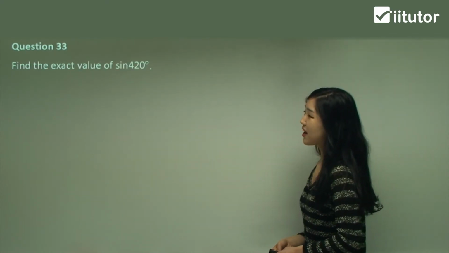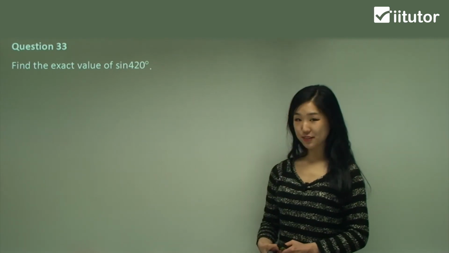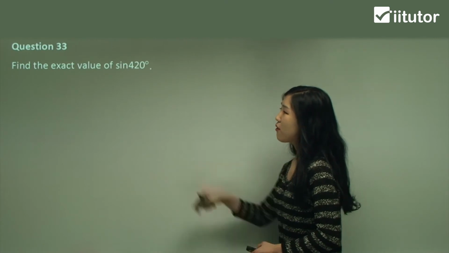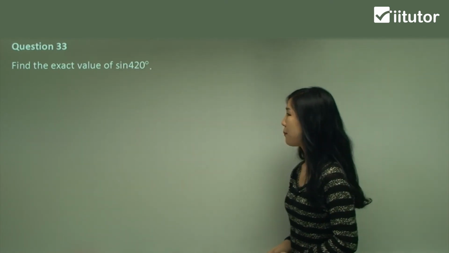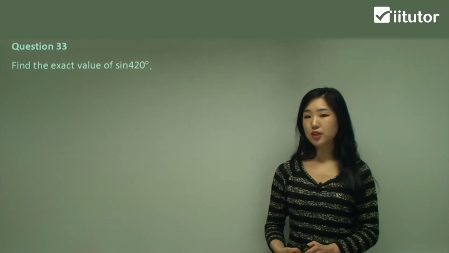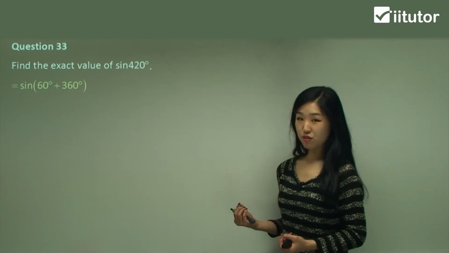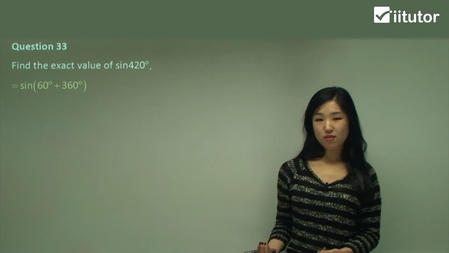Now in 33, we're going to find the exact value of sine 420 degrees. 420 degrees is quite a large input, quite a large number. So what I'm going to do is say sine 420 degrees is the same as sine of 60 degrees plus 360 degrees.